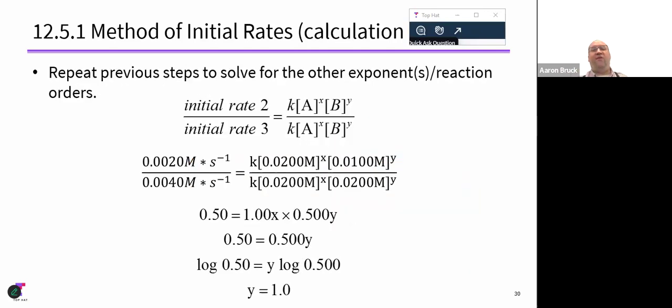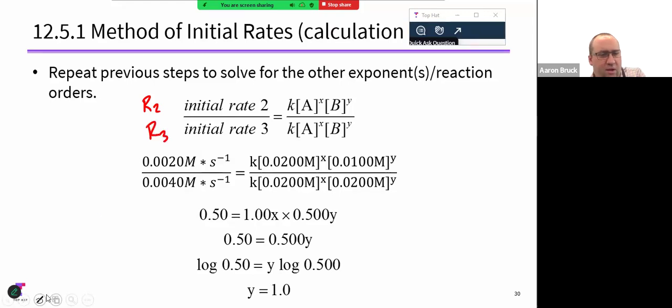For B, we would effectively do the same thing. Now, like I said on the previous slide, since we've determined that A is 0 order, technically we do not need to include A terms once we've made that determination. But if we, again, isolated variables here, so we've got run 2 versus run 3.